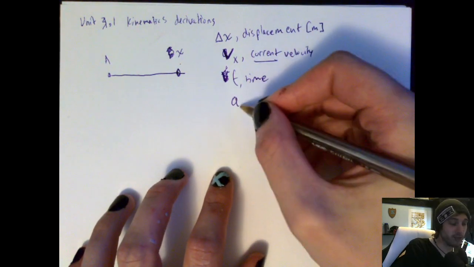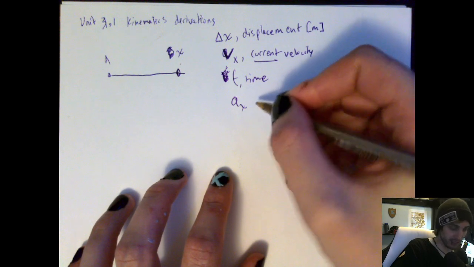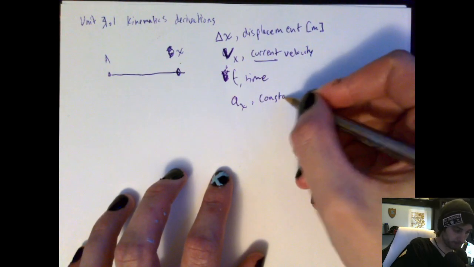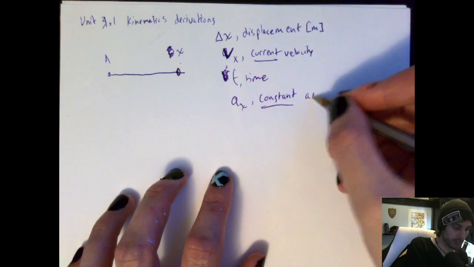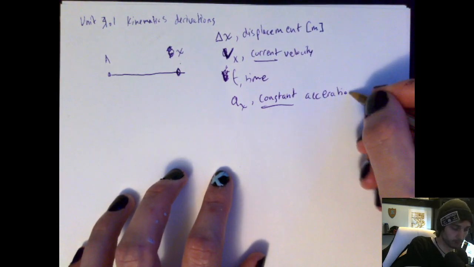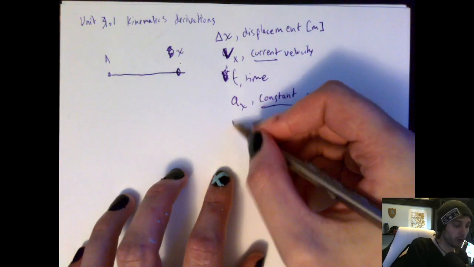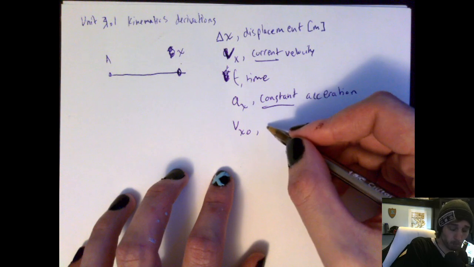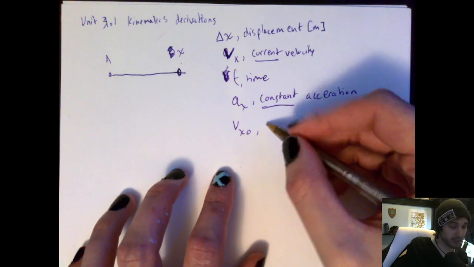And for a known acceleration. So let's say we have an acceleration and we know that it's constant. And that is the only assumption we're going to make. And we're also going to say that it would have started at a given velocity. So Vx naught is the initial velocity of the object.